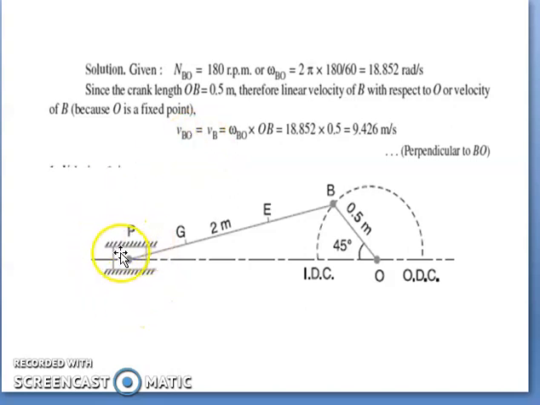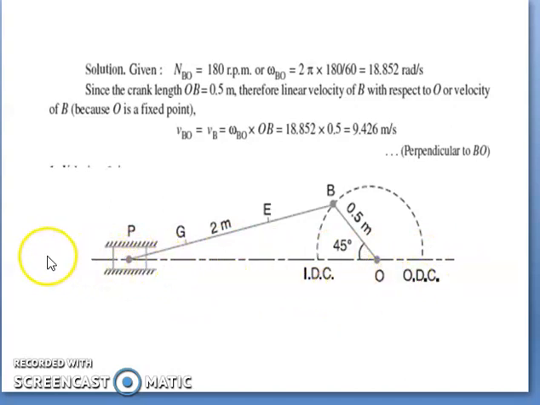Now regarding the point B, if you are considering the link PB, point P is going to rotate about the point B. So the velocity of P with respect to B will be perpendicular to PB. And considering the point O, the velocity of the point P with respect to O will be along the line of stroke.